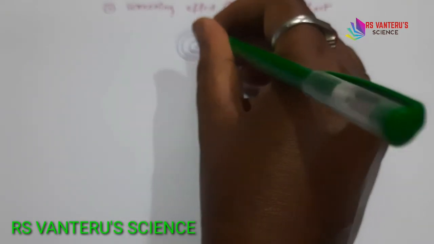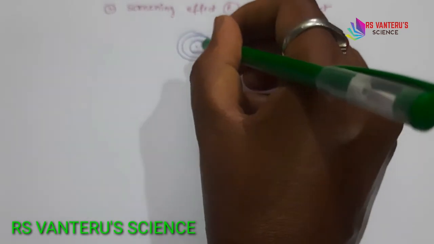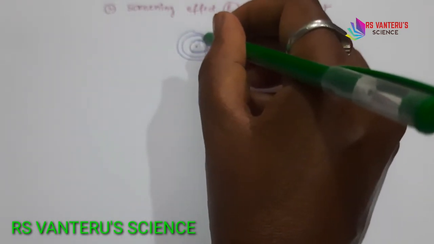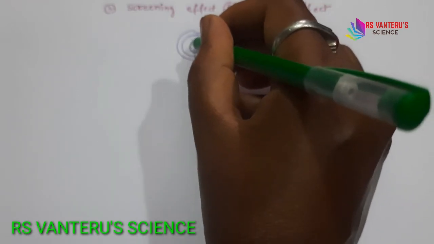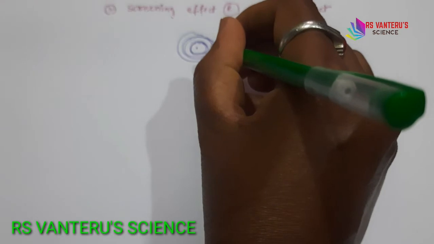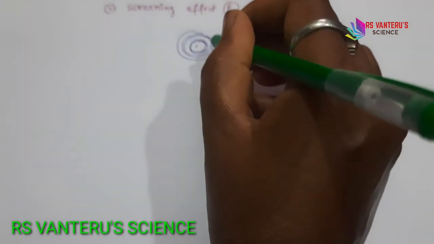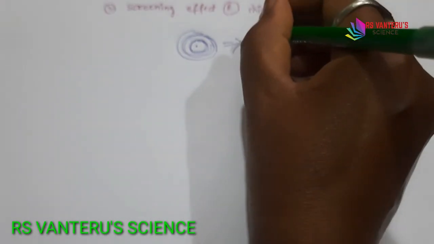These all are the screens. These shells act as screens and decrease the nuclear attraction over the valency electrons. This is called screening effect.